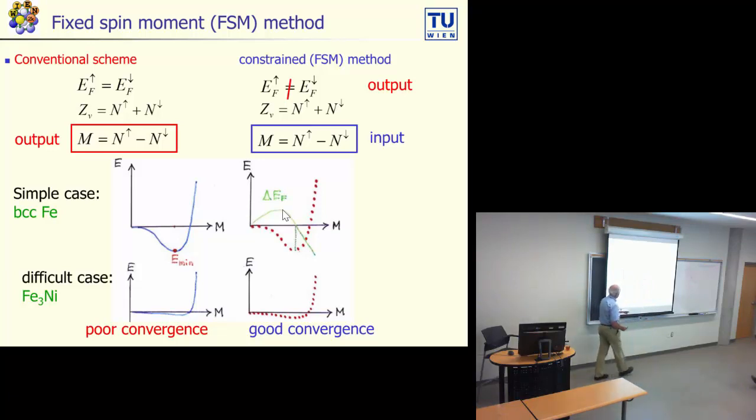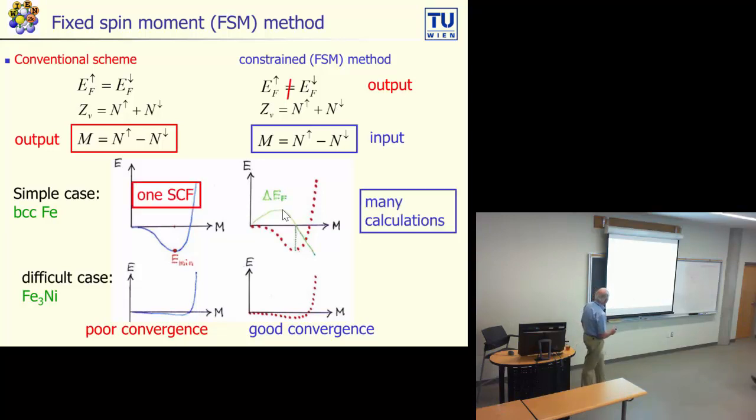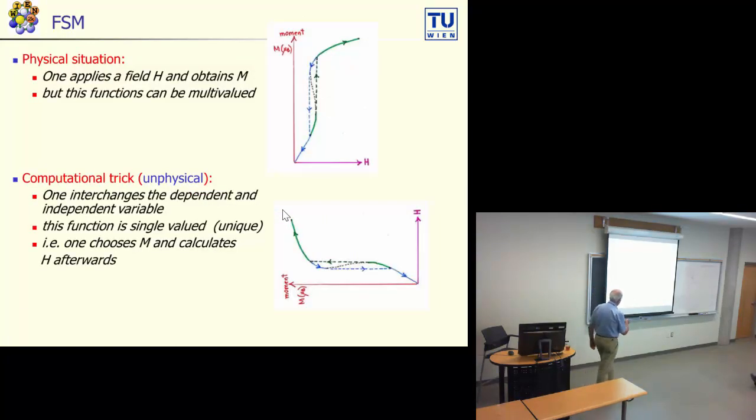What that means is, I say I want a solution with one Bohr magneton, fix it, and then I get a very fast convergence and get one point. So I have to do many points to find the minimum. But that is the basis for deriving this energy surface, which I showed you before. And this is implemented. Now you can also show it in a different diagram. Usually you apply a field, and then you get a moment.